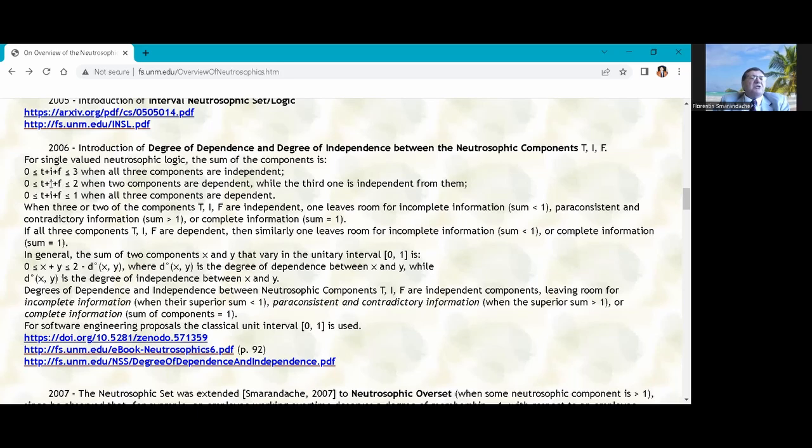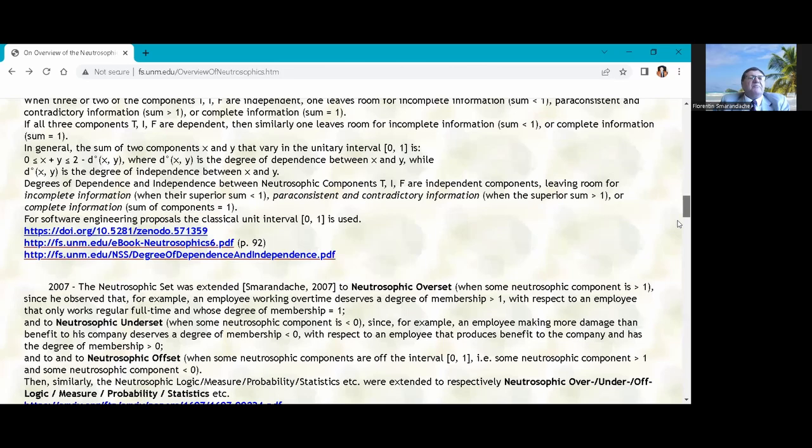Or we may have partially dependent and partially independent components, or totally independent. So it depends on the sources and on the applications of the components and of the Neutrosophic set and logic.